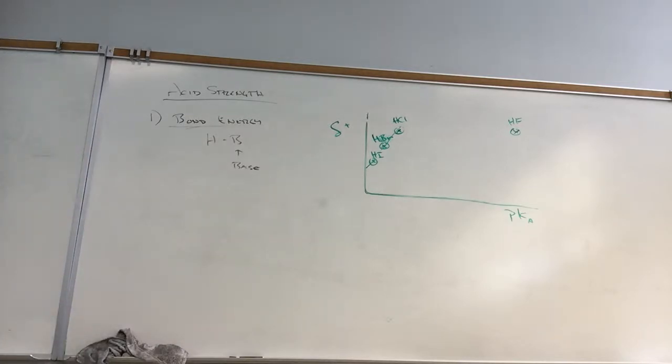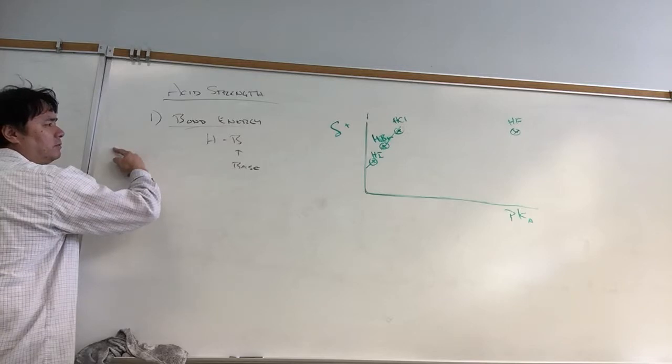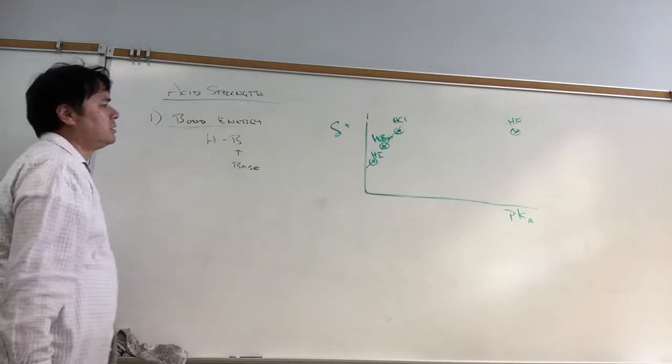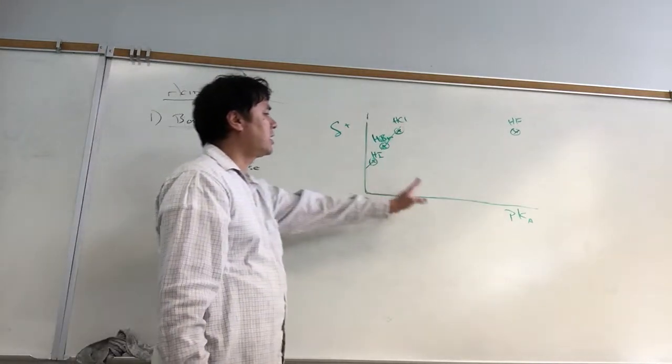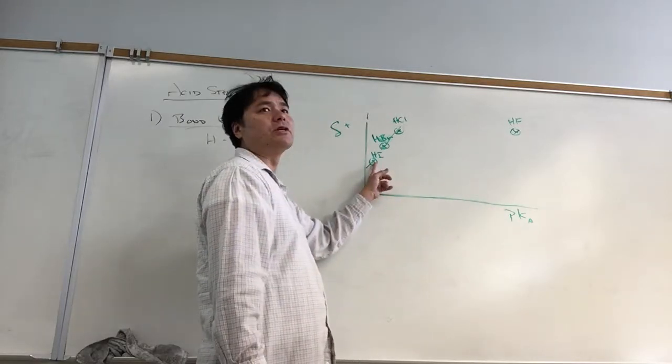Yes, you will need some polarity, because if you don't have any polarity, the base won't be attracted to it. And so there's got to be a little bit of delta plus to attract the base. Another base comes along and plucks off that hydrogen. And so HI is going to be the strongest acid. The strongest acids are going to have the lowest pKa because of the bond energy, right?